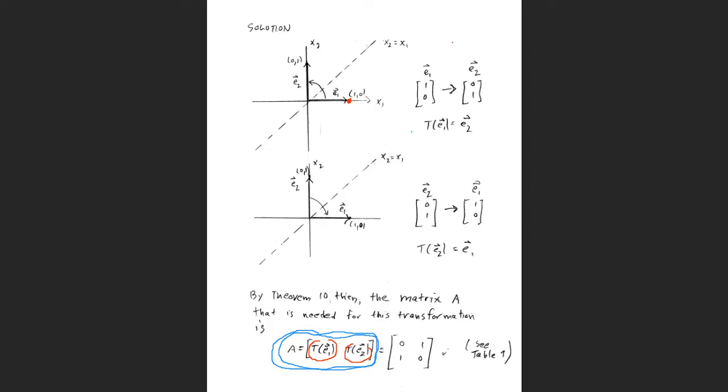Well, if you reflect E1 about the line x2 equals x1, you're going to get the point 0, 1. So E1 maps to E2. And the transformation of E1, therefore, is E2. So this is a graphical way that we are constructing this standard matrix.